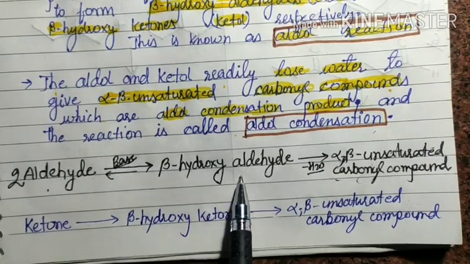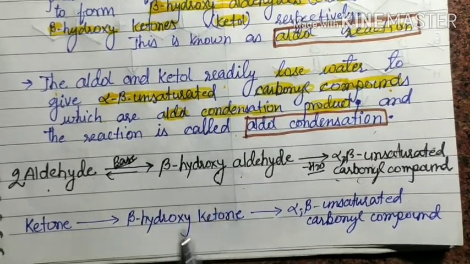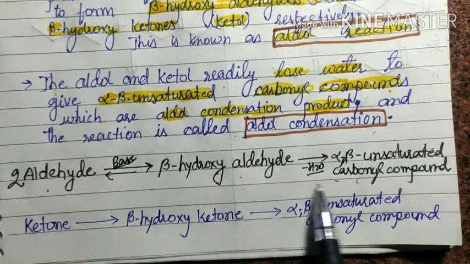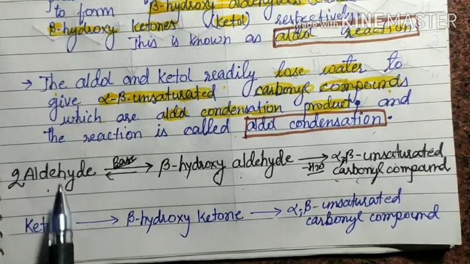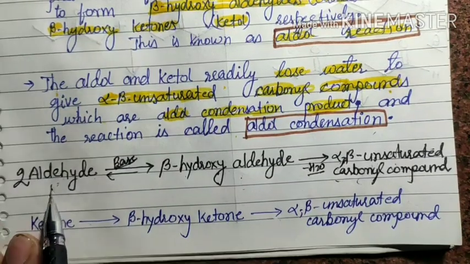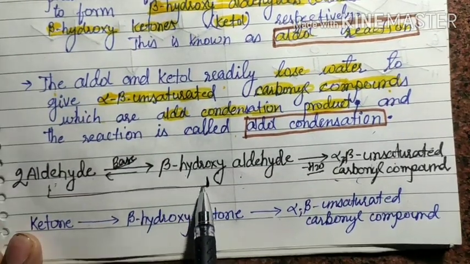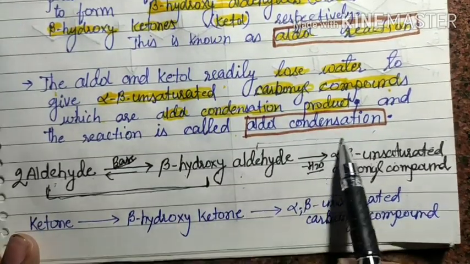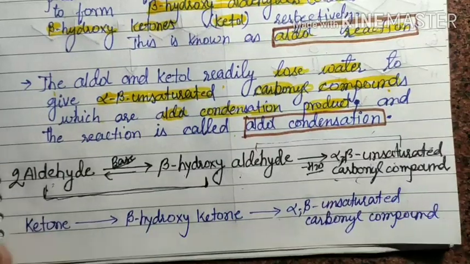So aldehyde to beta hydroxyaldehyde is aldol reaction, and beta hydroxyaldehyde to alpha beta unsaturated carbonyl is the aldol condensation. Clearly, aldehyde to beta hydroxyaldehyde formation is aldol reaction, and from beta hydroxyaldehyde to alpha beta unsaturated carbonyl compound is called aldol condensation.